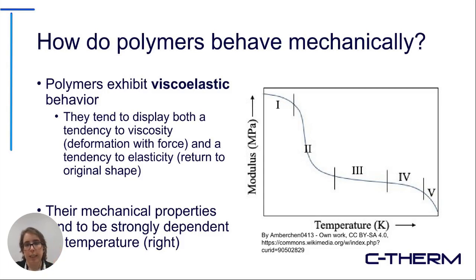So moving next into the properties that you might want to measure, the first one we'll look at is mechanical behavior. Mechanical behavior is important for things like, is the part that we're going to make going to break under routine use?